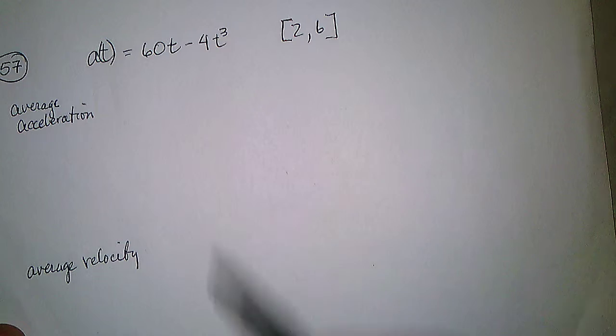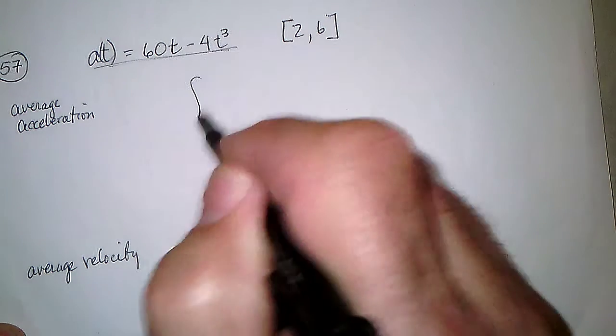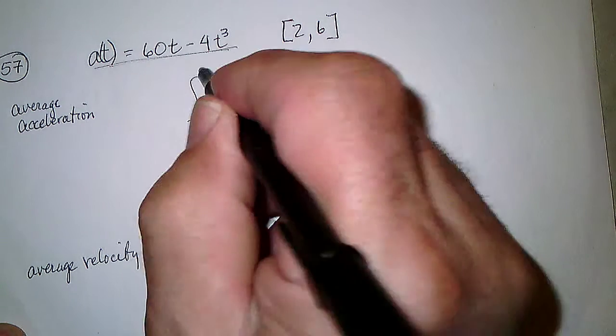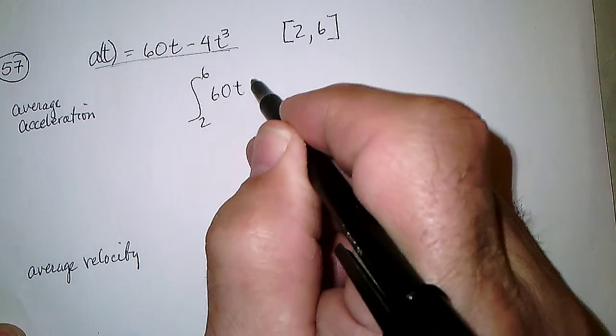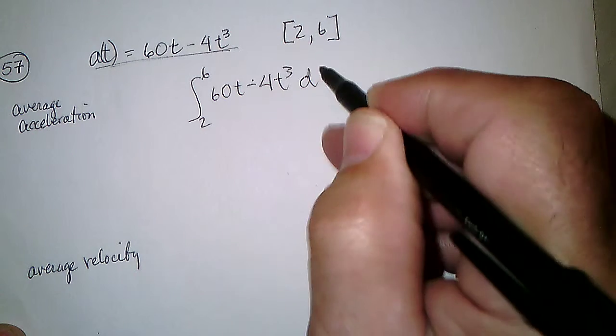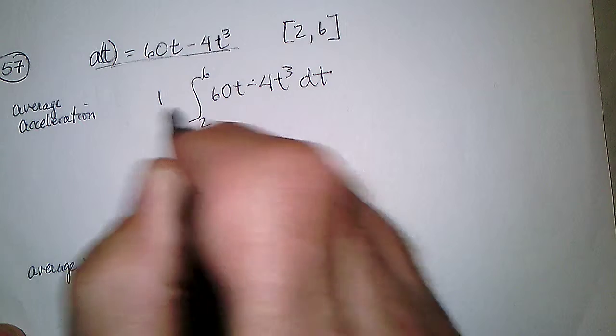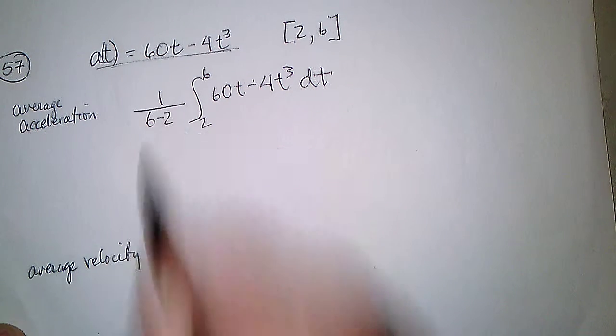Okay, so to find an average value of a function, it's the integral from 2 to 6 of the function dt times 1 over the whole width of the interval, which is 6 minus 2.